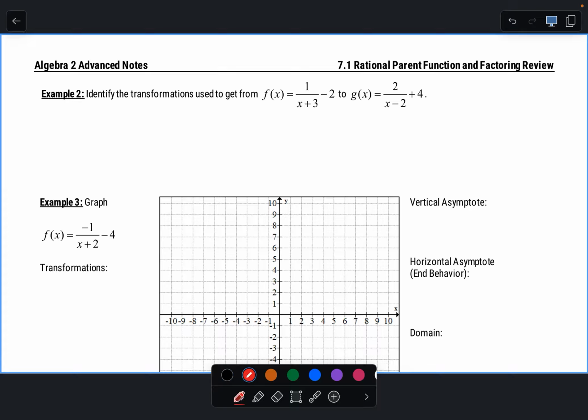This is not brand new information. This is information that we have learned in this class. We group the first 2, we group the last 2. What is the GCF of my first group? 2x. I'm left with x plus 1. What is my GCF of my second group? 3.